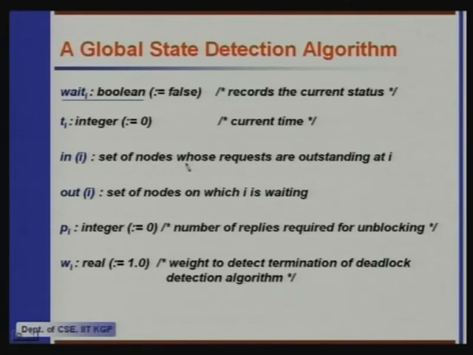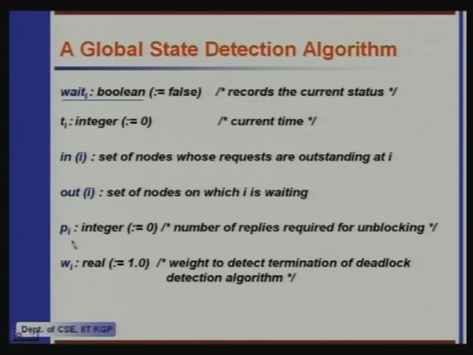For the node corresponding to process Pi, in i is the set of incoming edges. Out i is the set of nodes on which i is waiting, so this is the set of outgoing edges. If you take the set of processes and the in i's and out i's, this defines the wait-for graph.